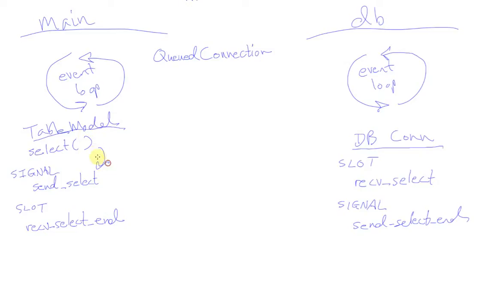So select would call send select, which would call receive select, and we would also, of course, pass in the query, and this would trigger receive select to fire off and execute the query, and send select would then return back the query data.